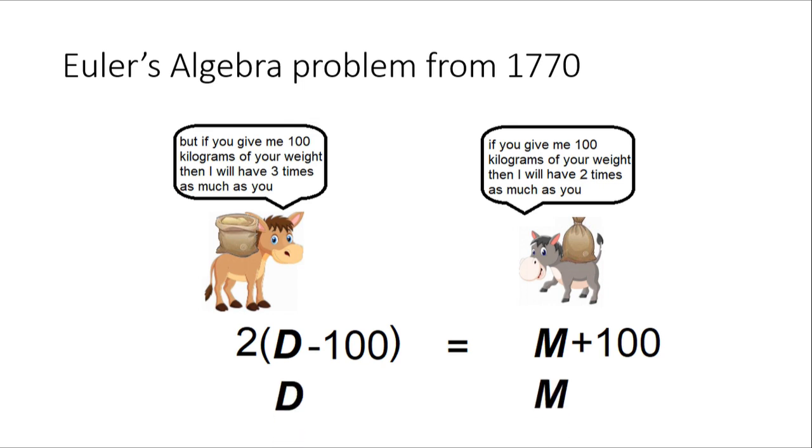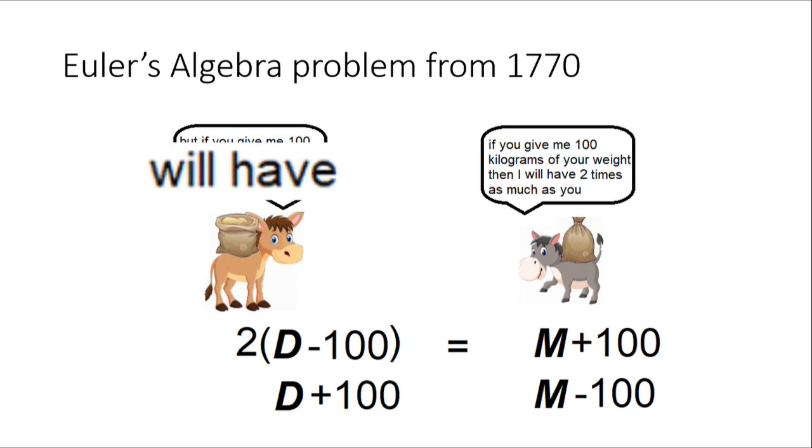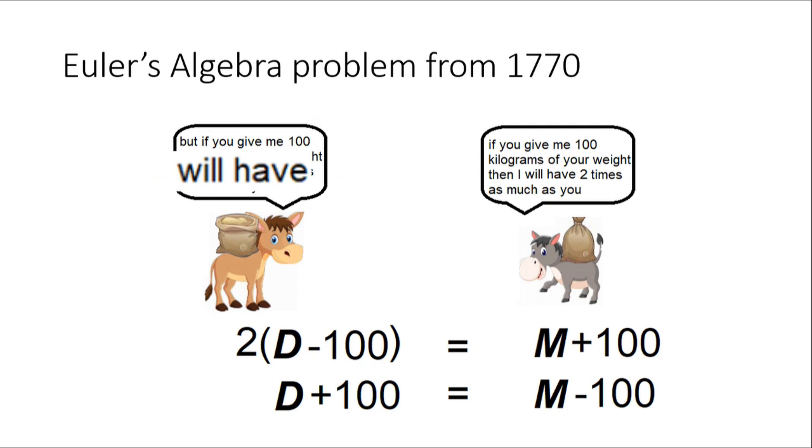But we can make another equation too with what the donkey said. So the donkey also said, if you give me 100, meaning take away 100 from the mule and add it to the donkey, then he will have, which means will be equal to, 3 times as much as the mule.